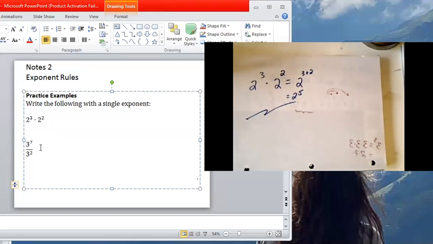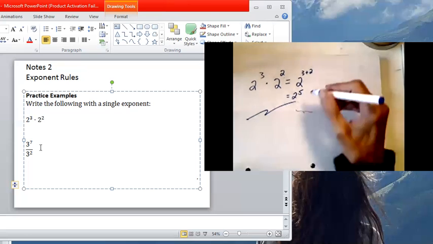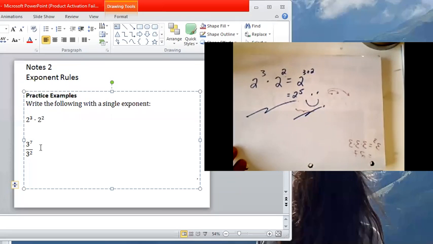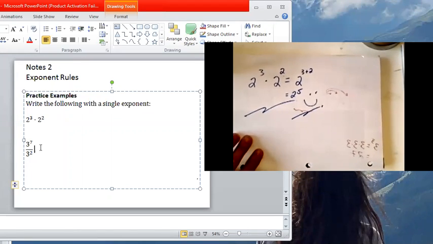But if the base is equal but the top number, the exponent, is different, we add the exponents, but we keep the base the same number. We don't add or multiply it. Exactly. Yeah, right. So this is what I'm trying to understand. Yeah, that's good. Okay. Excellent. The same is going to happen for the next one.